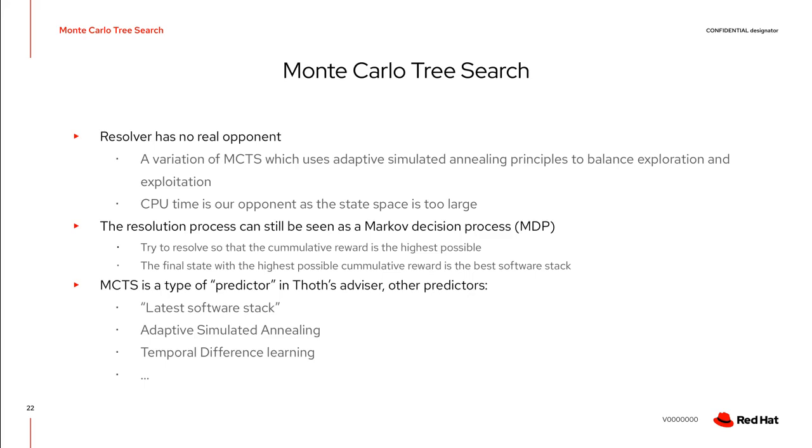The real opponent that we created is an imaginary component, because we are not really playing any board games, and this imaginary opponent is CPU time, or time needed to satisfy user requests. So we wanted to have our recommendation engine as responsive as possible.